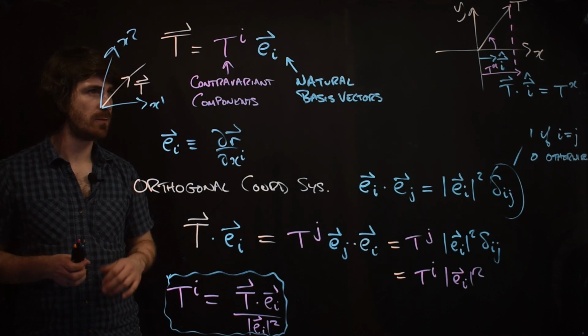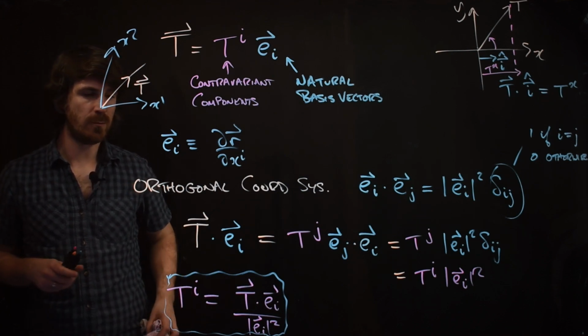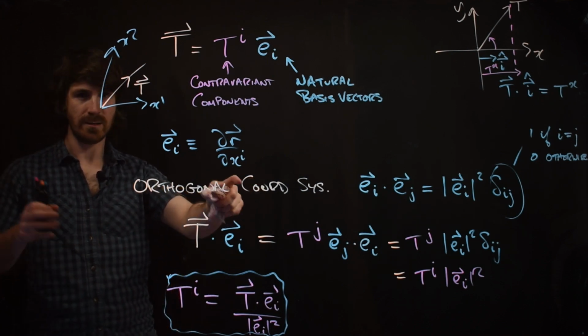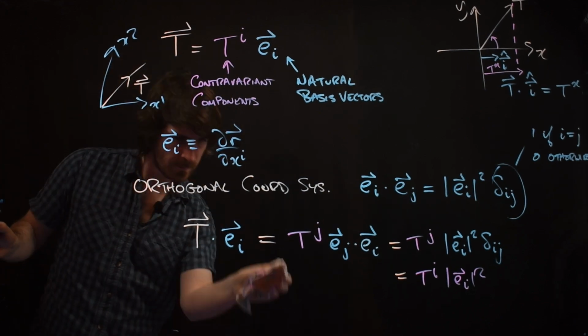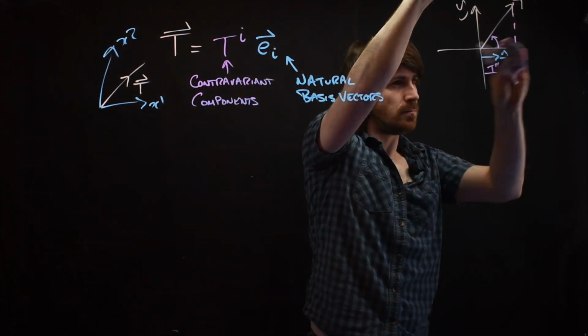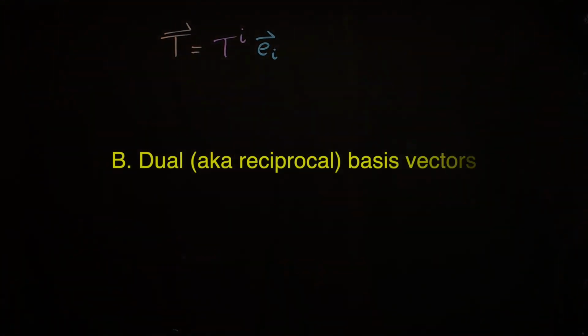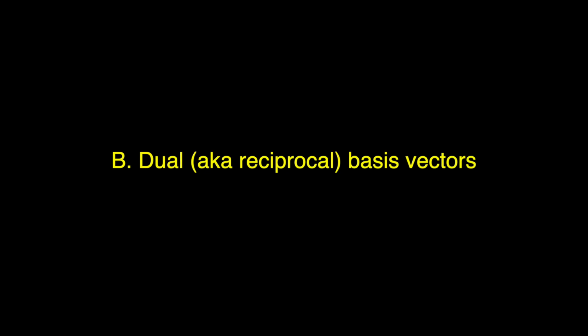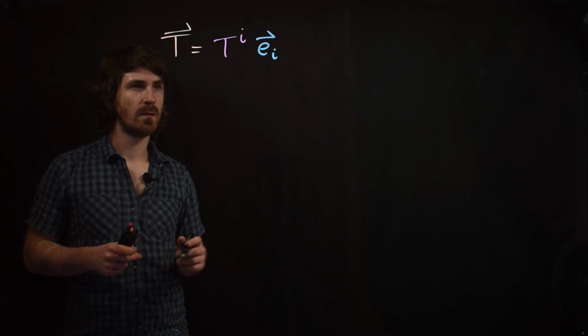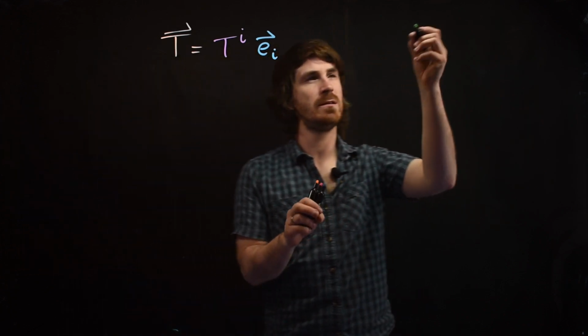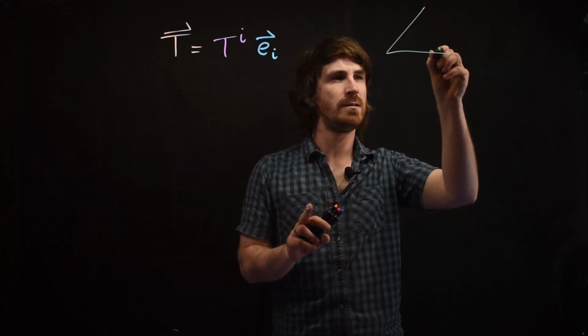Okay, so let's see what happens in a more general case where our coordinate system isn't orthogonal.